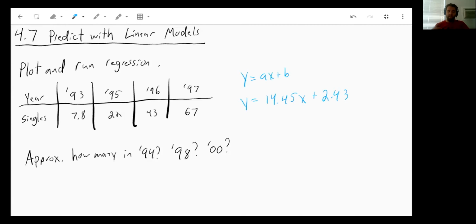At this point, you can use this equation to help model and predict what will happen in the future, or with years that you don't have information on. So like 94, that's 1 year after 93. So you can plug in a 1 for x and figure out what other information you have.